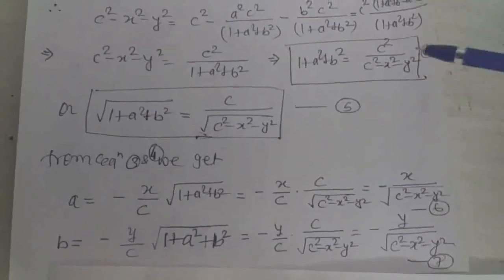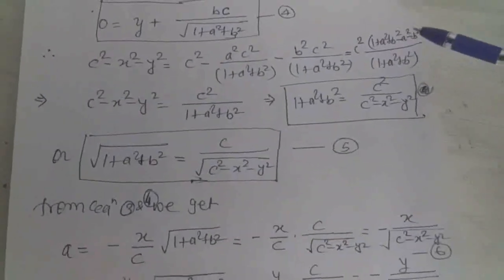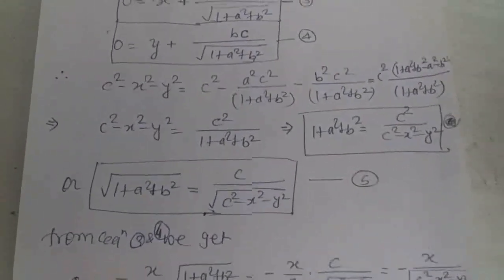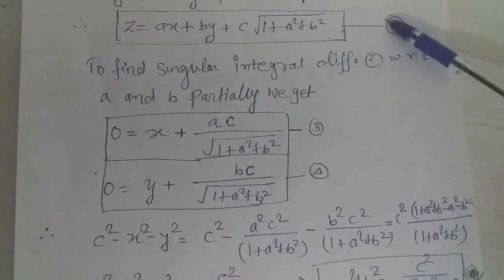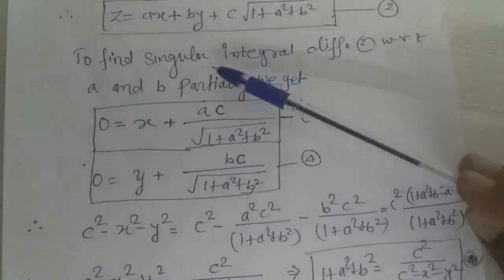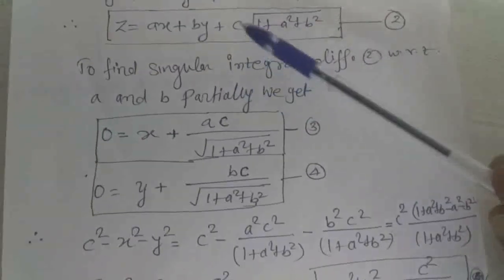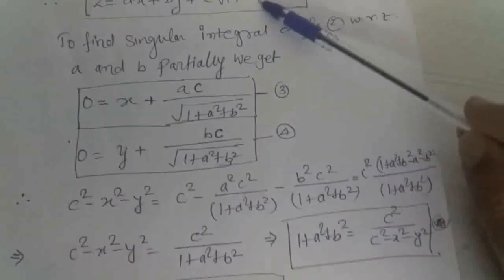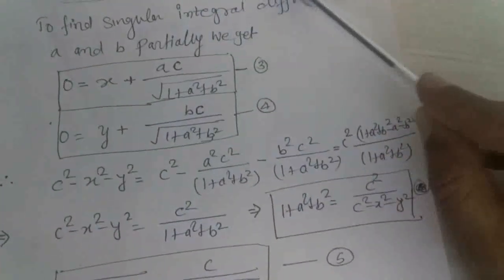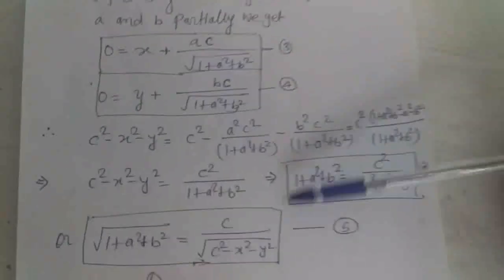Now we are going to eliminate A, B from equation second, that is from the complete integral. So we have the value of A from equation 6, we have the value of B from equation 7, and further we have the value of this expression from equation 5.